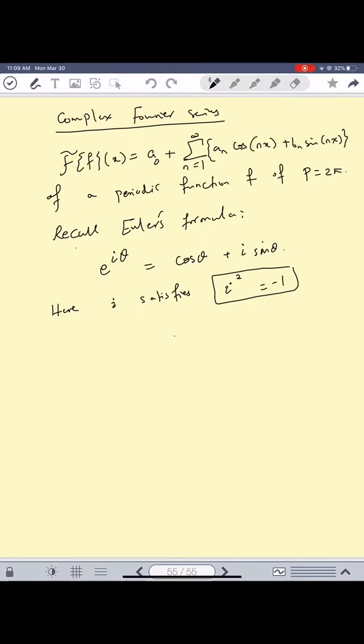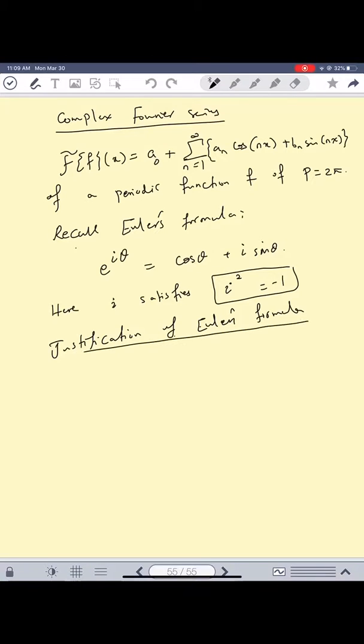First, let me explain why Euler's formula is true. So if you like, we can say justification of Euler's formula.